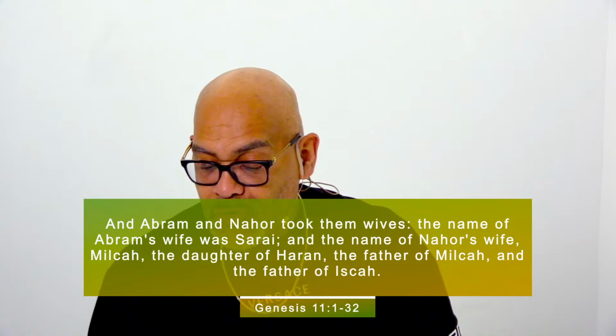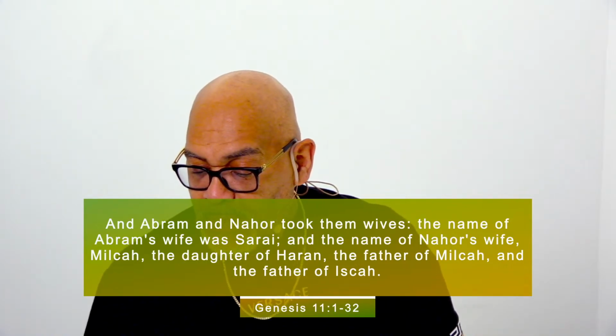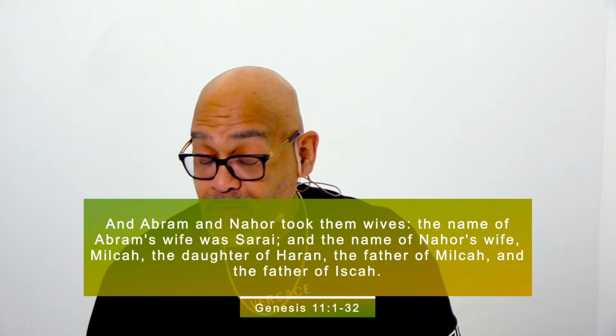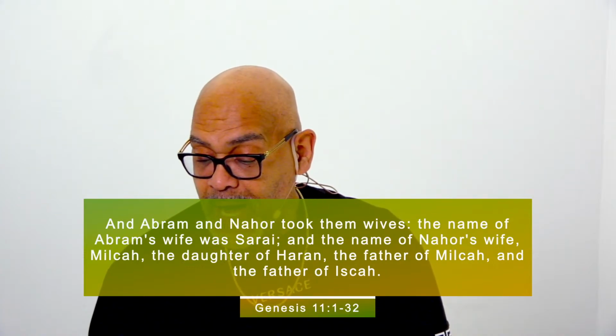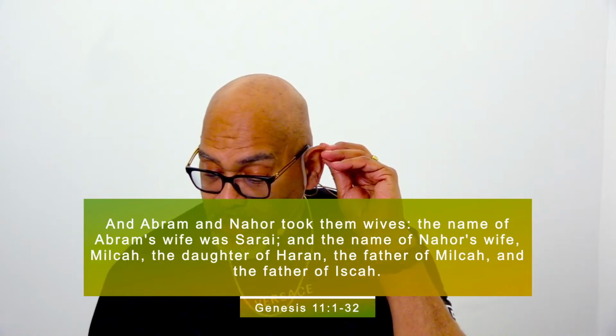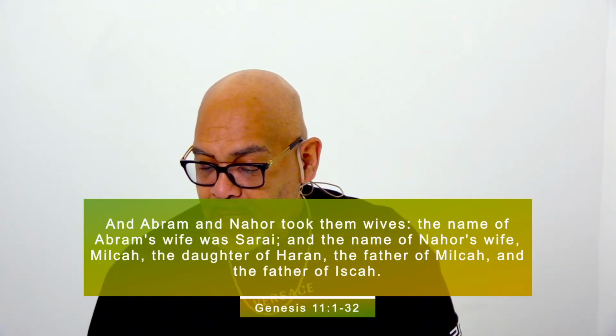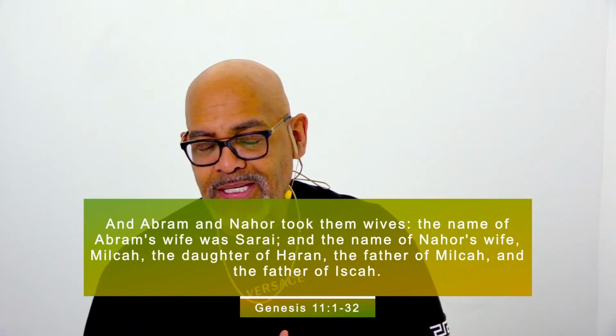And the name of Abram's wife was Sarai. This is the first mention of Sarai. We call her Sarah because her name eventually becomes Sarah, but here it is Sarai.